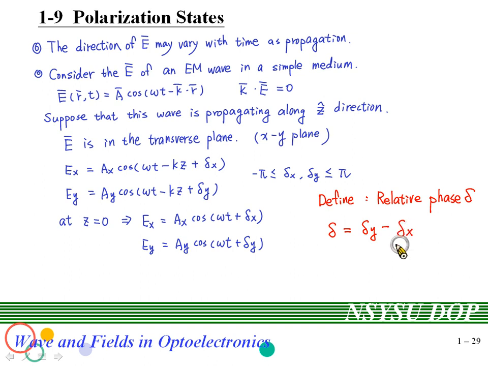According to the values of delta sub y and delta sub x, we can know that delta should be in the range between minus pi and pi. Using the parameter defined here, we will try to discuss all kinds of polarization states in the following slides.